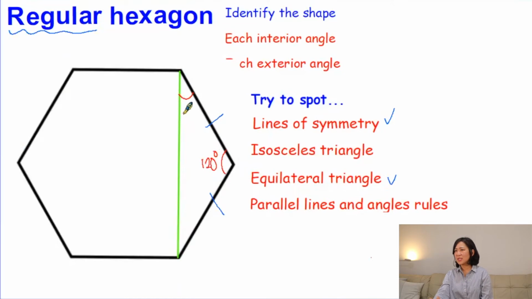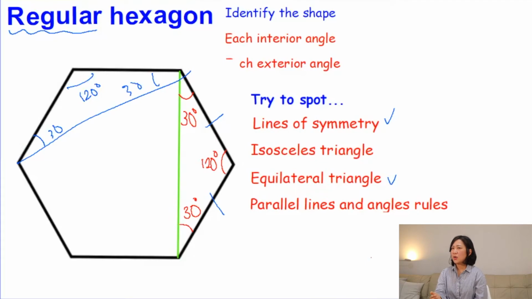Since this is an isosceles triangle, we know that the other two angles are 30, right? So the isosceles triangle is really useful when it comes to polygons. You can easily find isosceles triangles inside a regular polygon because a regular polygon has equal sides.